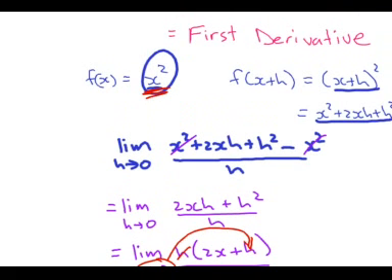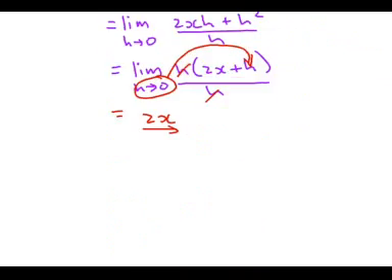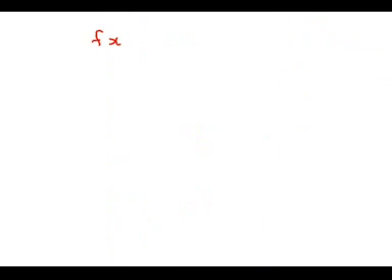Now with even a simple equation such as x squared, it took us a few lines just to get the first derivative. Now imagine if you have something like this. How long do you think that's going to take? Long. Really long.